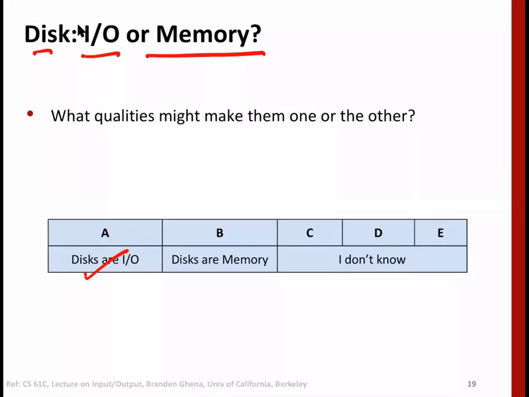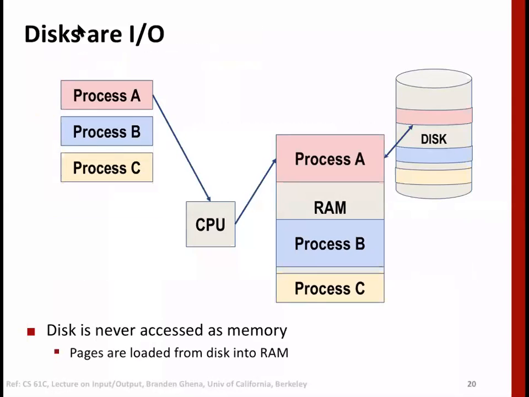It is treated exactly as IO. For a CPU, it doesn't matter whether the device connected is a mouse or display or maybe Ethernet, right? The treatment is exactly the same. And usually the unit of transfer is large. So disks are IO. If you have different processes, this is the address space of a process, and the CPU always works with memory.